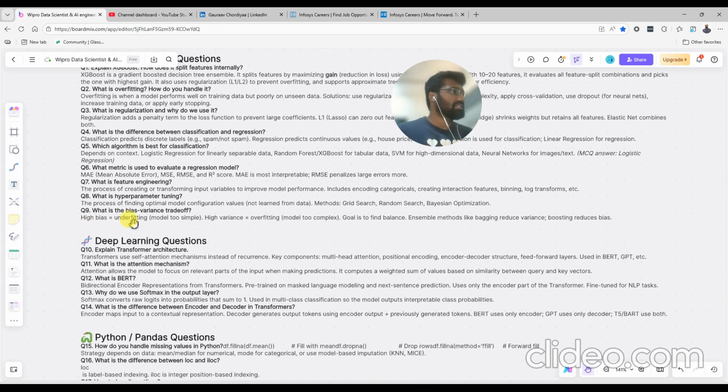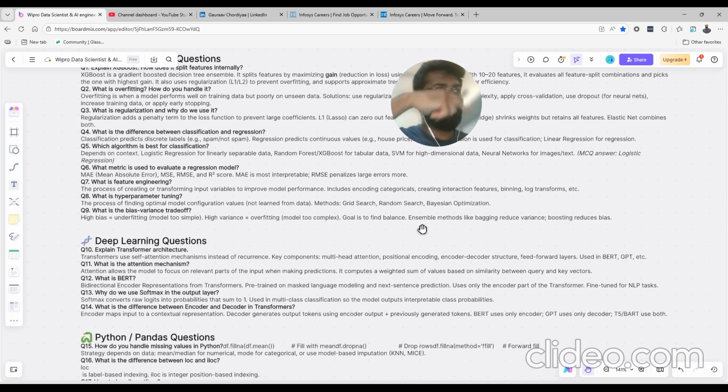Okay, what is the bias variance trade-off? High bias is equal to underfitting, the model is very simple, and high variance means overfitting, the model is too complex. The goal is to find the balance between them. Low bias and low variance together we are not going to get, because they are vice versa, we cannot get both of them, but we can get a balance.